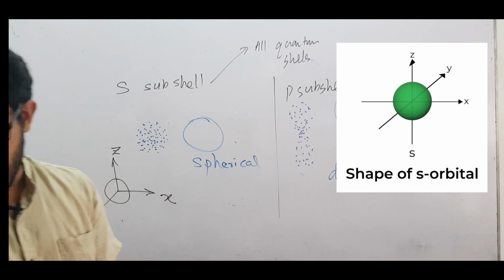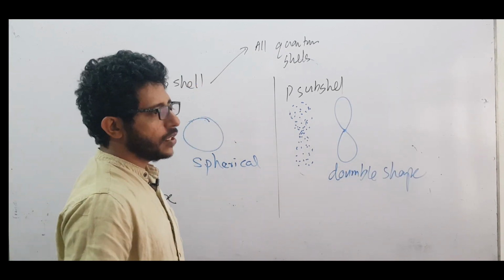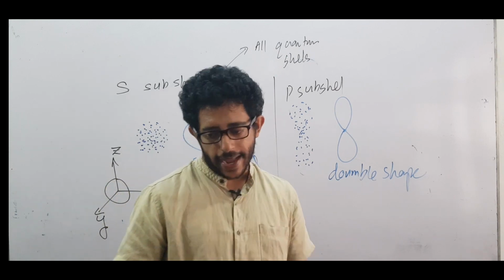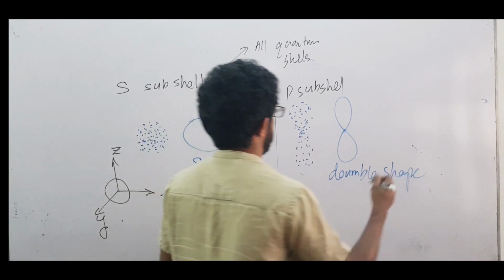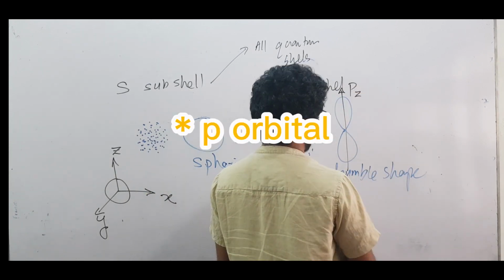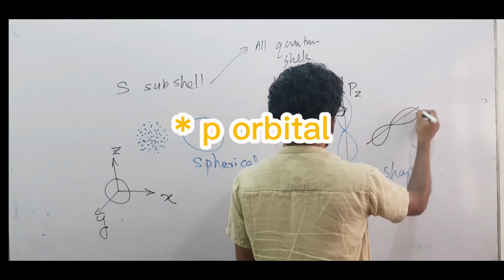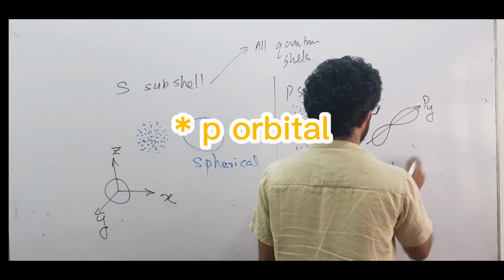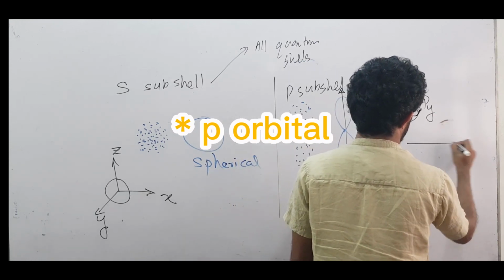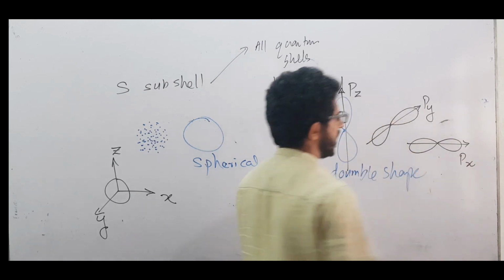In an s orbital it is the same, but in the p subshell we have three different orbitals, one per axis. You have an orbital like this, we can call it the pz orbital, you can have an orbital like this, we say the py orbital, and you can have a p orbital like this, we say it is a px orbital.